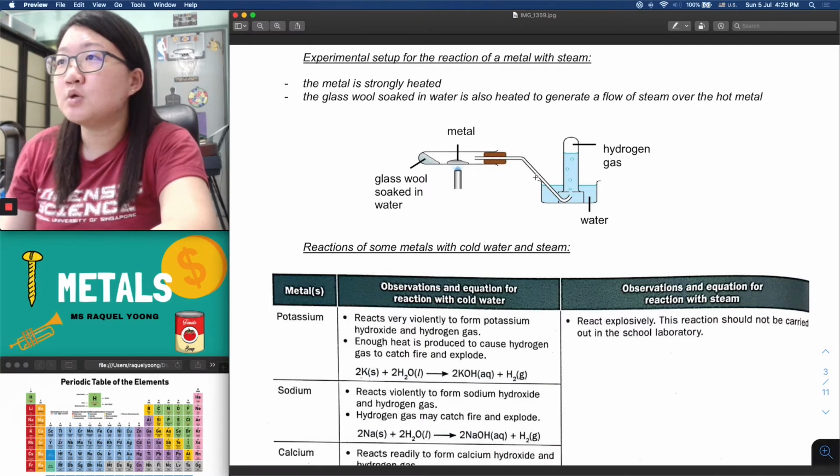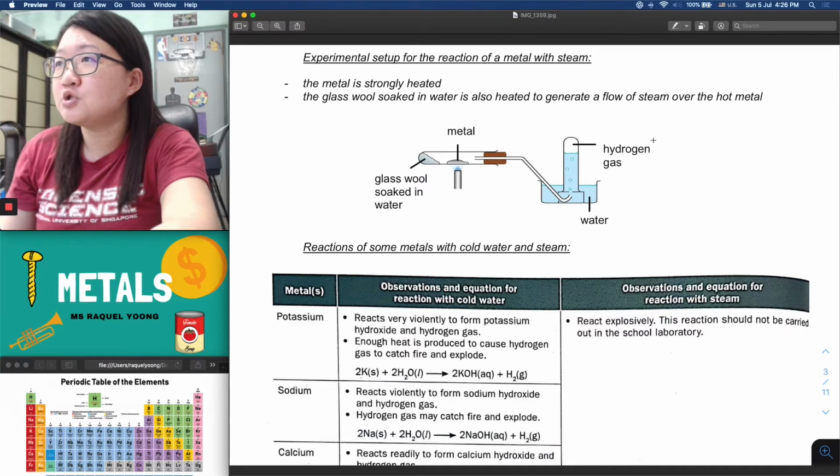So this should be quite familiar to you as well in, I think, our second chapter on measurement and experimental techniques, right? So here, because one of the products produced is hydrogen gas, if I want to collect hydrogen gas, then downward displacement of water is one possible way, because hydrogen gas is insoluble in water, right?